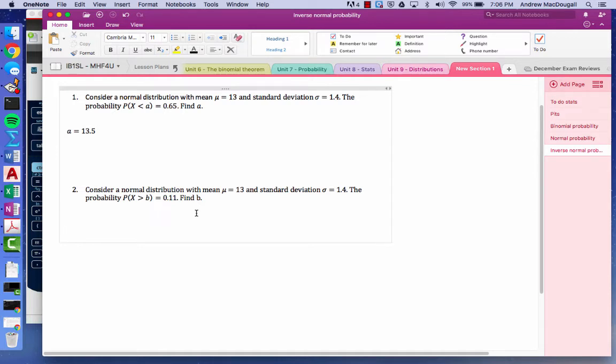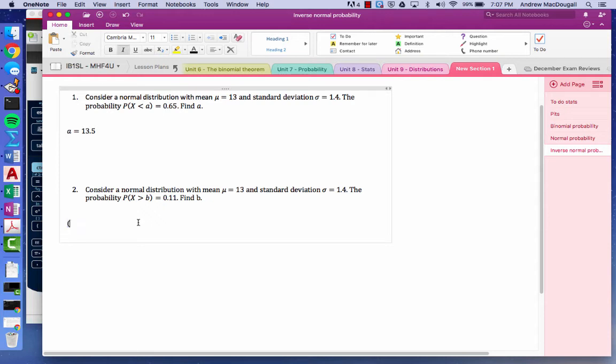And the one catch is that when you use the inverse normal feature on your calculator, it assumes that you're giving it an area to the left of the point you're looking for. So in question 1, the probability that X is less than a is 0.65. That 0.65 is an area to the left of a. Here we have an area to the right of b, that is 0.11.